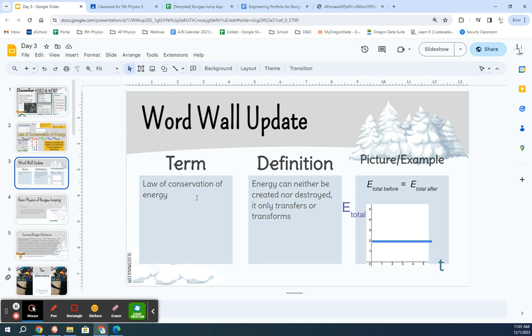Law of conservation of energy is obviously an important one. Transfer and transformation were 2 that we talked about last time. Picture example, basically that the total energy should stay the same over time, right? It might change the types of energy, but the total should stay the same.